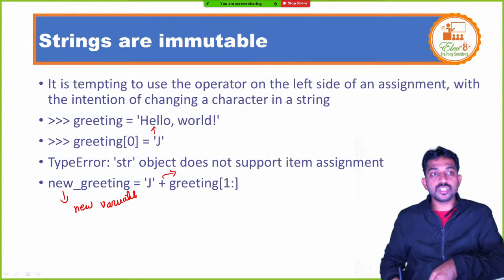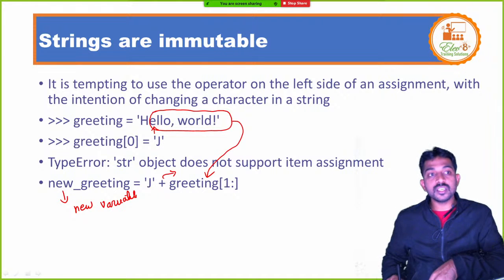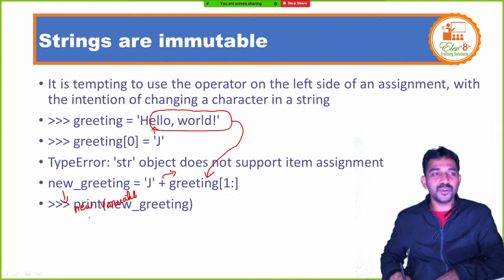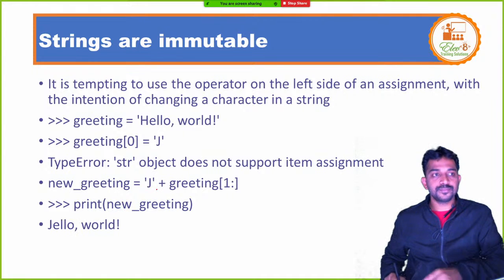So the slicing goes from here with no end, so it cuts the entire remaining string. It comes to here, and J plus the cut string comes to J ello world. Sorry, Jello world, not Hello, because you removed that one. See, is this clear?